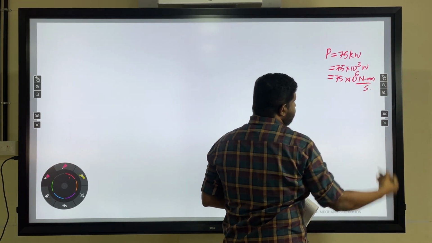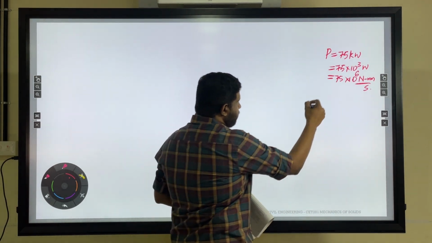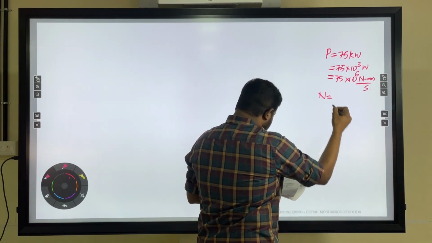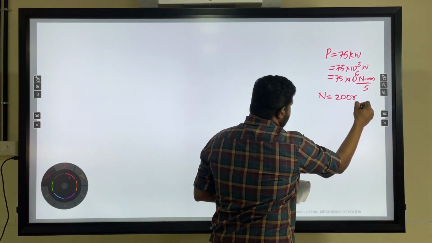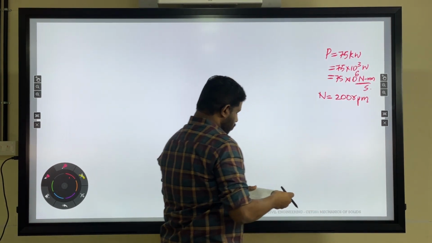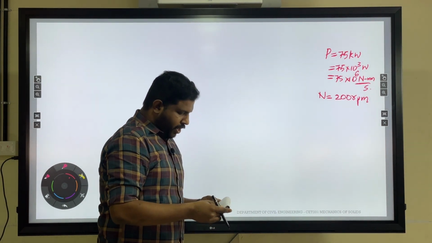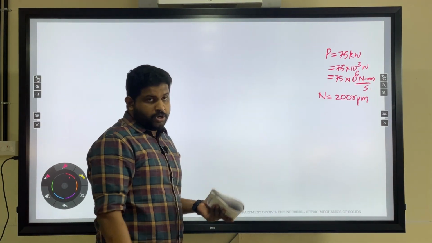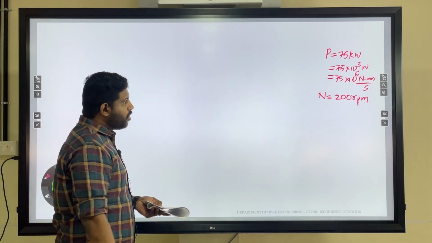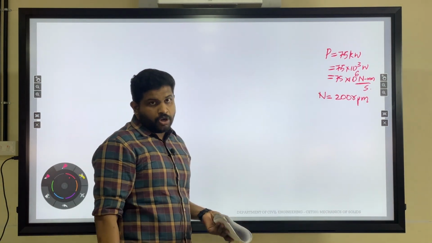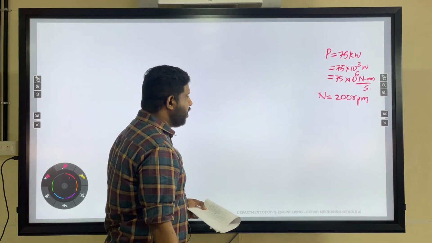Next, RPM is given. The shaft is rotating at an RPM of 200. It is given in the question, 200 RPM. Okay, and the first thing we are asked is to determine the diameter of the shaft which is capable to transmit a torque which exceeds 30% of the mean torque.